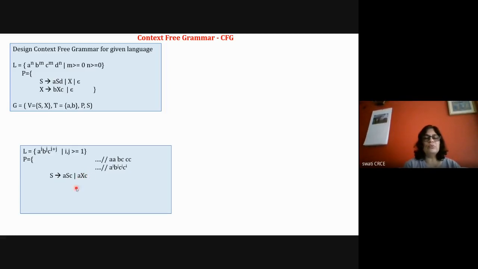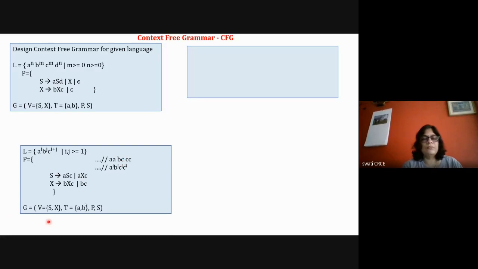And then X is going to generate BC. The number of B's is equal to the number of C's. So X will be BXC or BC. Okay, so this way you have to answer this. Have you understood this? What we have done here is that C is divided, we rewrite C. That C is I plus J, C raised to I plus J. So it is equal to C raised to J and C raised to I. I'm not writing I first and J afterwards, because I need to group this together.